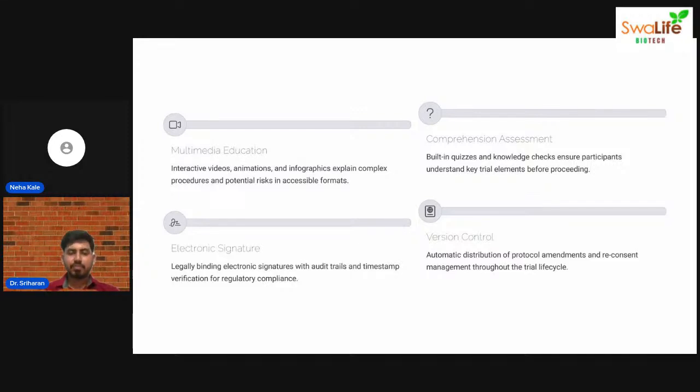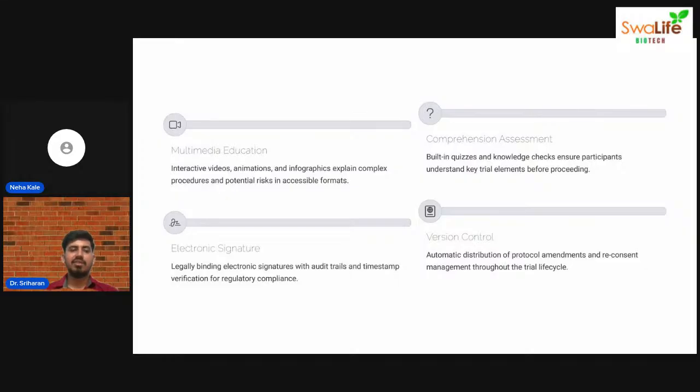For example, if it relates to the disease, your procedure or your method, it should explain the symptoms, what compensation is given, and how long the trial goes. If they don't understand the wording, the video makes it easy to understand, and animations like GIFs can explain too. Likewise, multimedia education and comprehensive assessment.